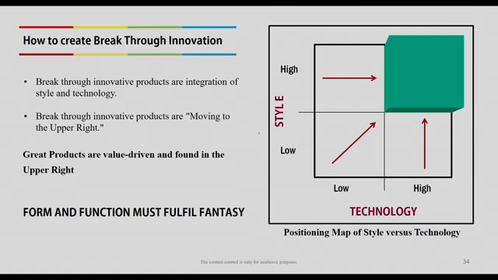So, style is aesthetics and human factors, and technology refers to the core function that drives the product, the interaction of the components that are required to use the product, and the methods and materials used to produce the product.